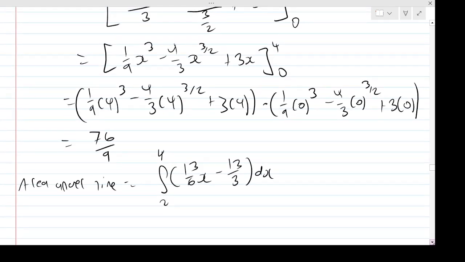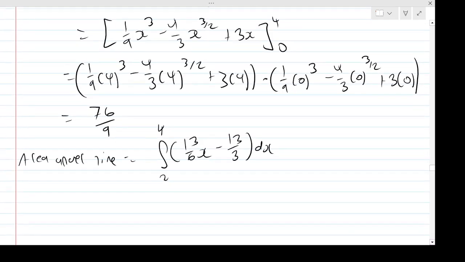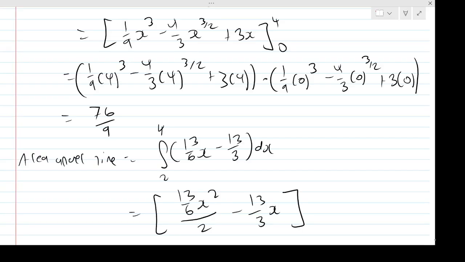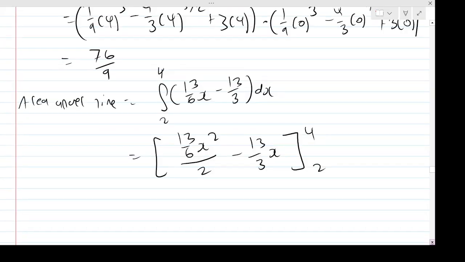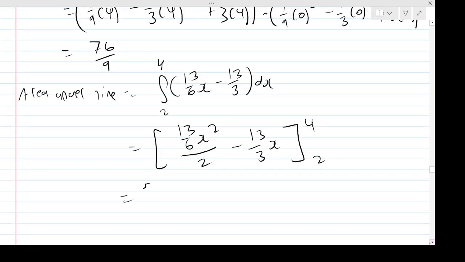So if we integrate that, that'll be 13 over 6 x squared, then divide by 2, and then 13 over 3 x. And that'd be between 4 and 2. And then again we can tidy up the fraction a little bit, because 13 over 6 divided by 2 is 13 over 12. x squared, take away 13 over 3 x, between 4 and 2.